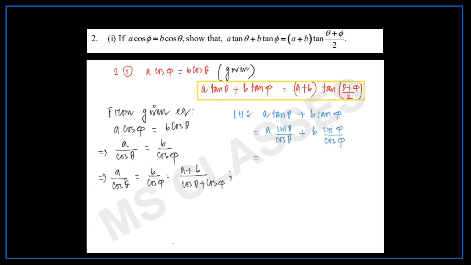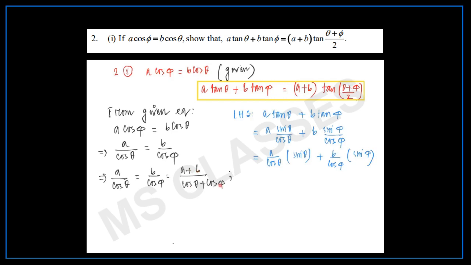Now this can be written as A by cos theta into sin theta plus B by cos phi into sin phi. Now A by cos theta can be replaced by A plus B by cos theta plus cos phi, because we need A plus B on the RHS.